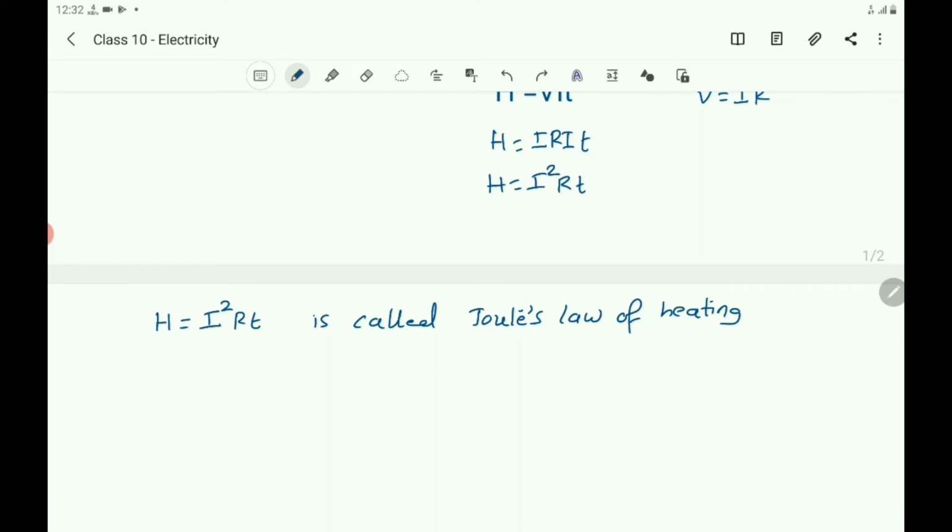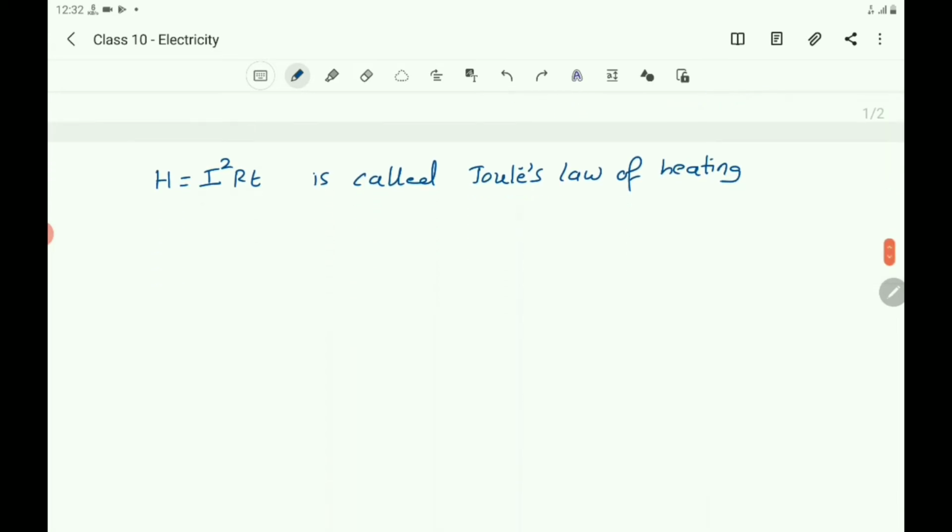So what is the statement of Joule's law of heating?